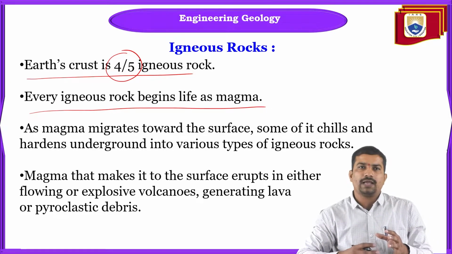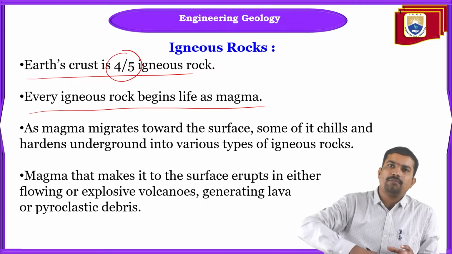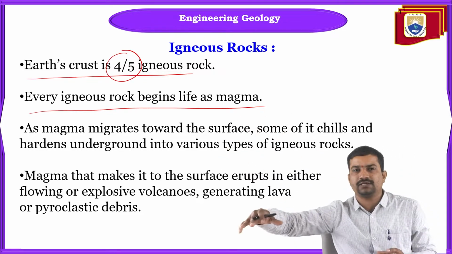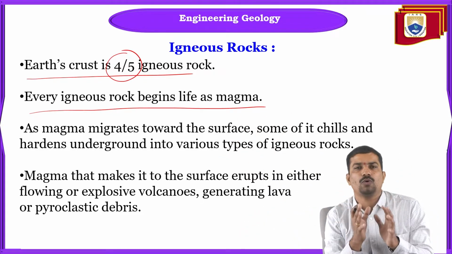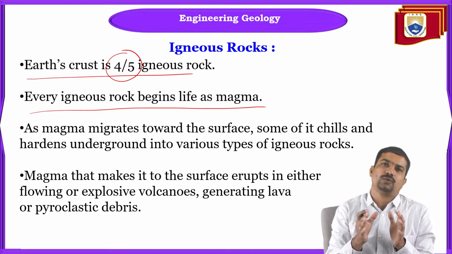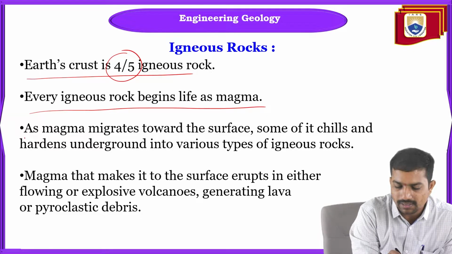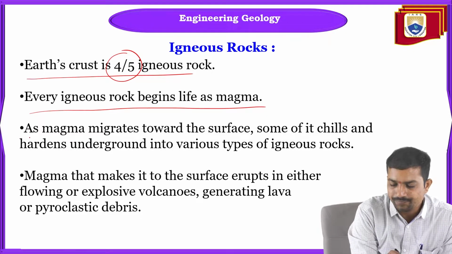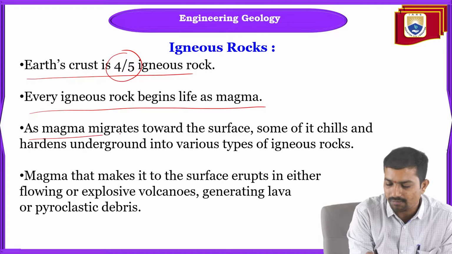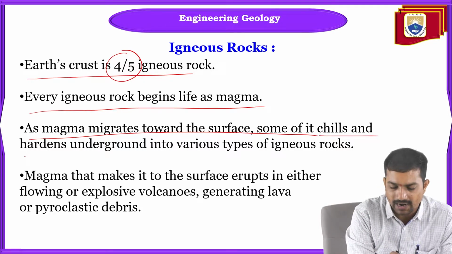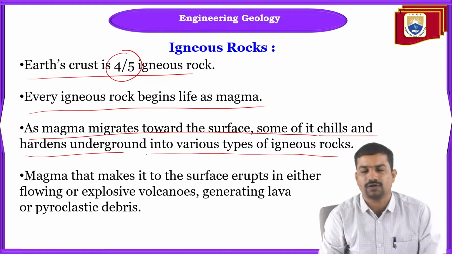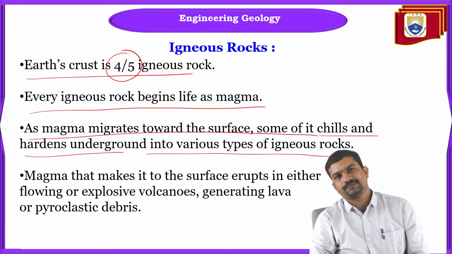Due to the high pressure, it might come near the earth surface, or it might be cooled inside the earth only. As magma migrates towards the surface, some of it chills and hardens underground into various types of igneous rocks.